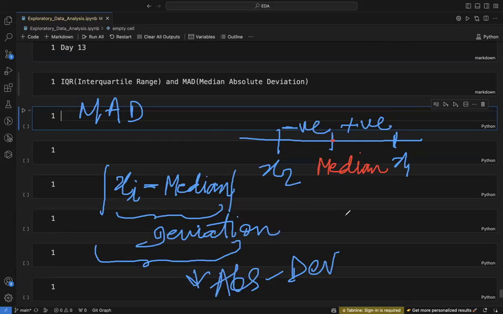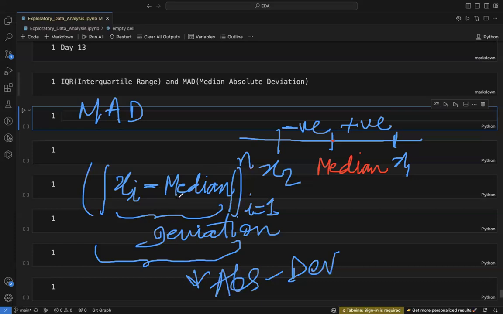So if I take i equal to 1 till n, I will get the absolute deviation of each one of the points from the median.